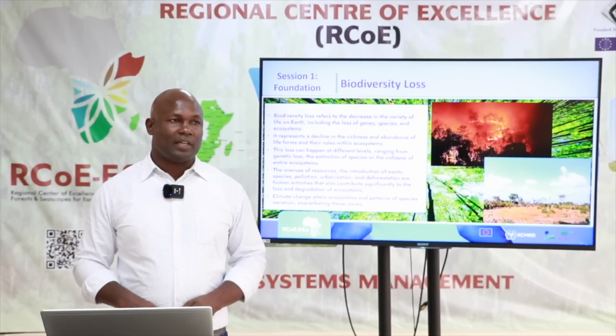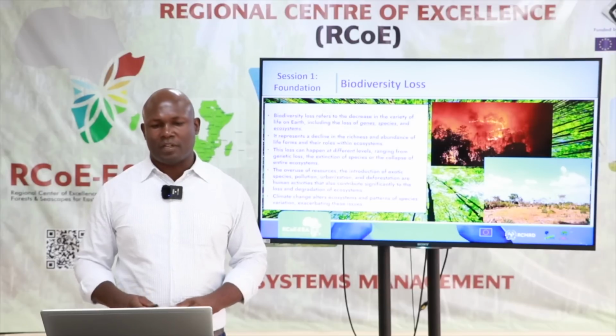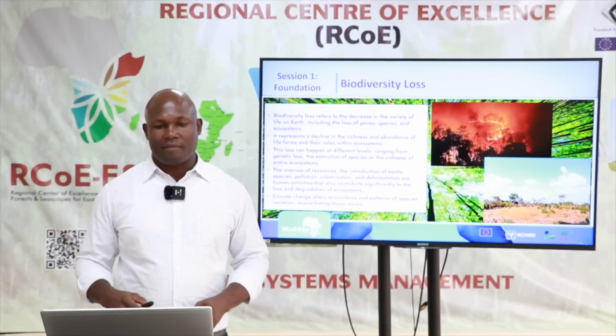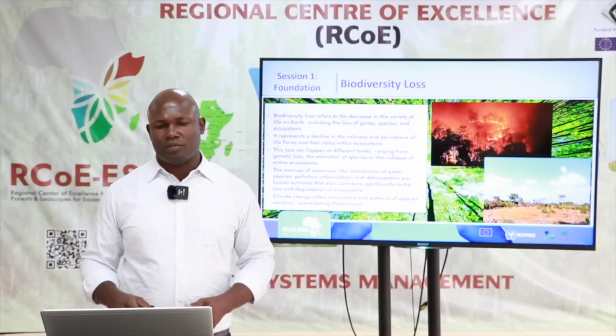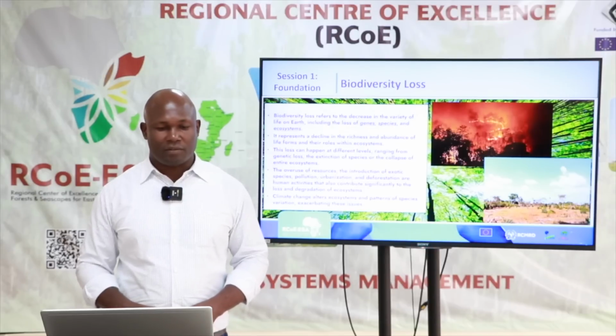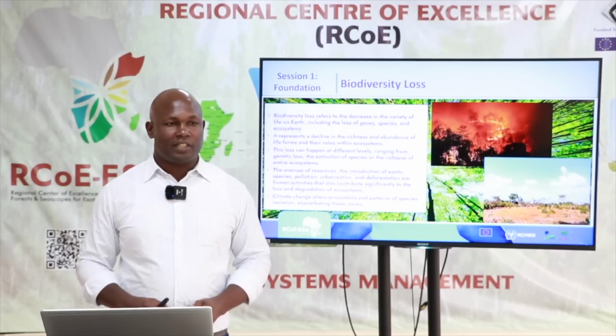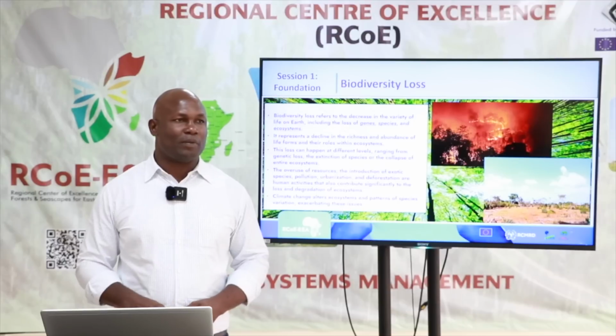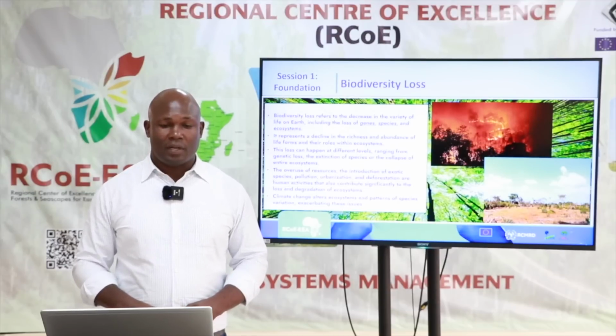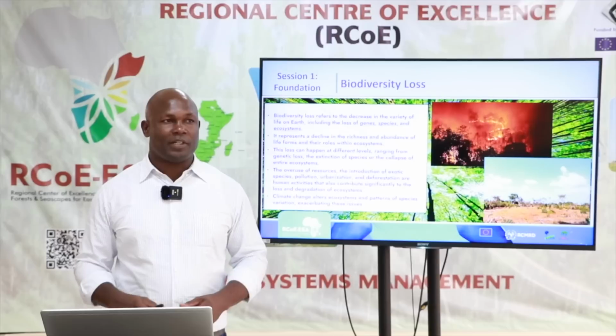You'll find that these activities play a significant role in species loss and ecosystem degradation, thereby contributing to biodiversity loss. Some of these activities are also key because the activities we venture into for purposes of sustaining ourselves are contributing to climate change.